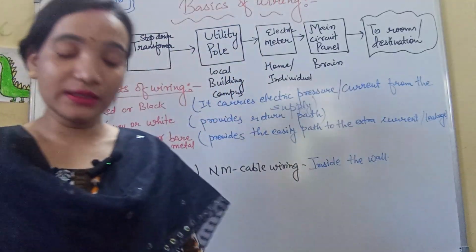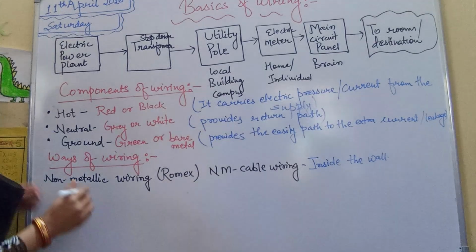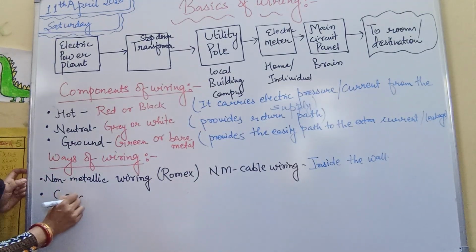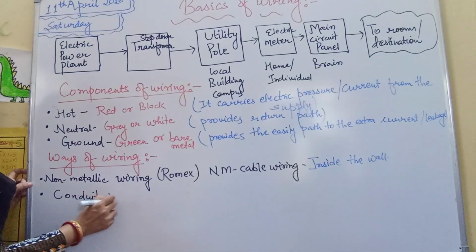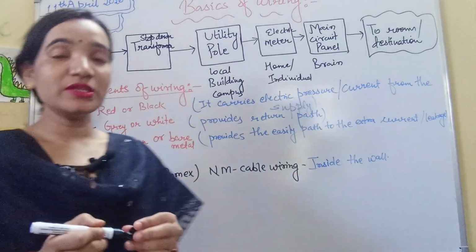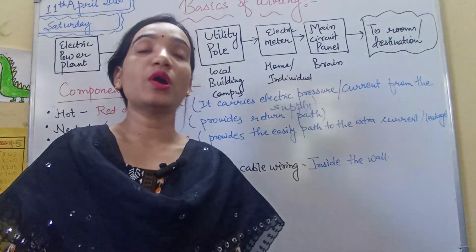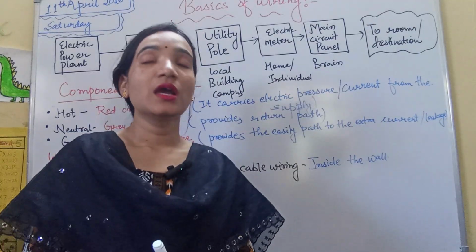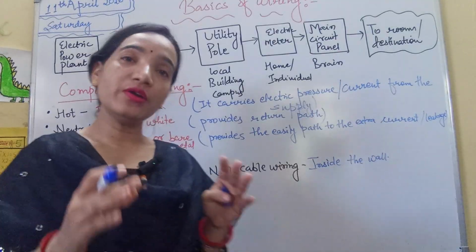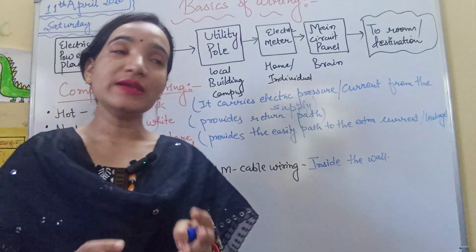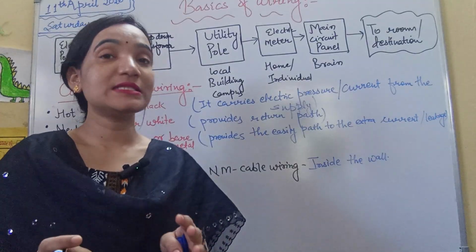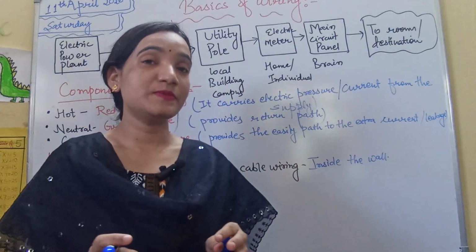Okay, now another one is called conduit wiring. What is conduit? Conduit is the metal or plastic casing or pipes that are used for wiring. The wires are kept inside this metallic or plastic casing or pipes.